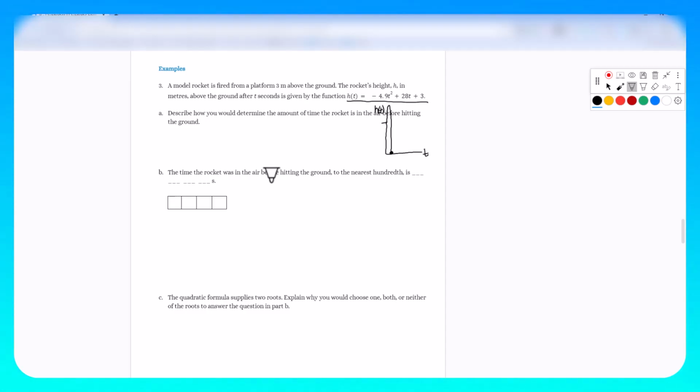So we would need, and in particular, we would need to find the x-intercept furthest to the right. So what is the time the rocket was in the air before hitting the ground to the nearest hundredth?